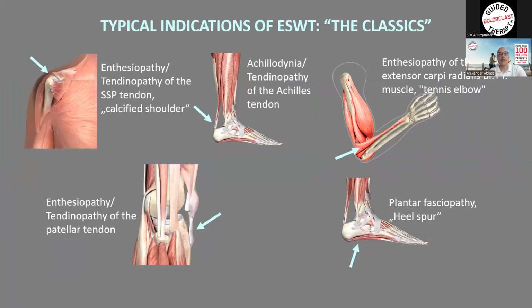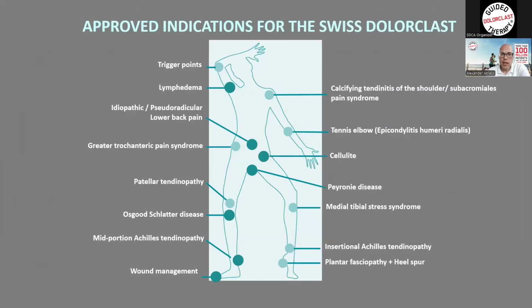Let's start with the classics. Everybody knows them, like calcifying shoulder, Achilles tendinopathy, tennis elbow, heel spur, or tendinopathies of the patella tendon. They're the commons. Everybody is using them for years. These are the approved indications for the Swiss DolorClast, as they are written in the handbook, basically.